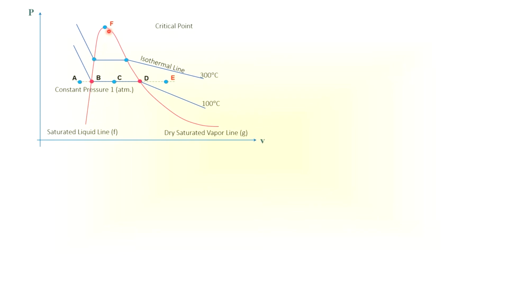This is called the saturation dome. Anything inside the dome is called the wet condition, having a mixture of vapor and liquid with a varying x, that means x can vary from 0 to 1.